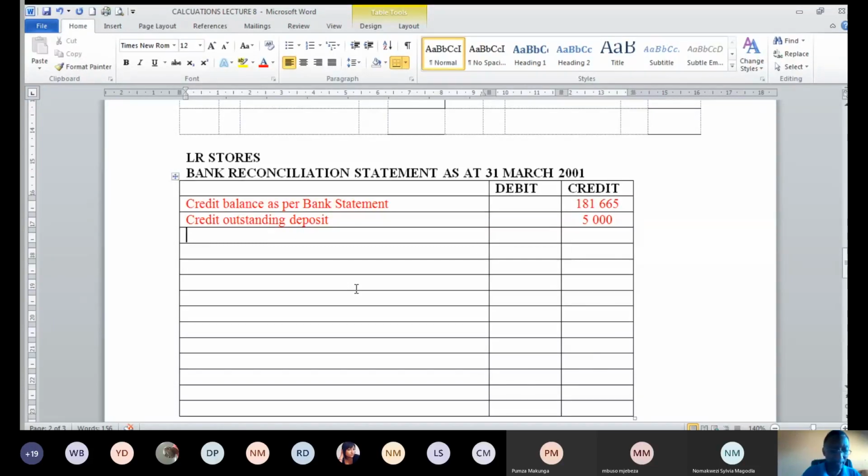So you will write debit, incorrect deposit, record the entry on the debit side, and the amount is 15,000 Rand, guys, onto the debit side of your bank reconciliation statement.